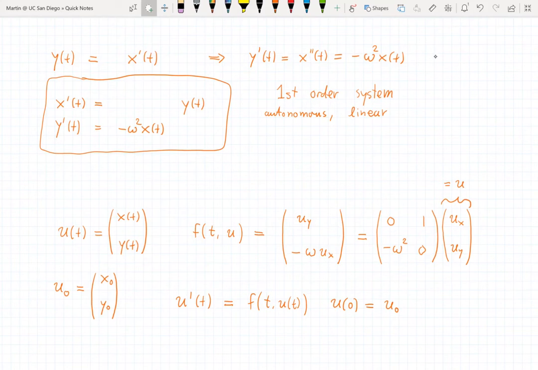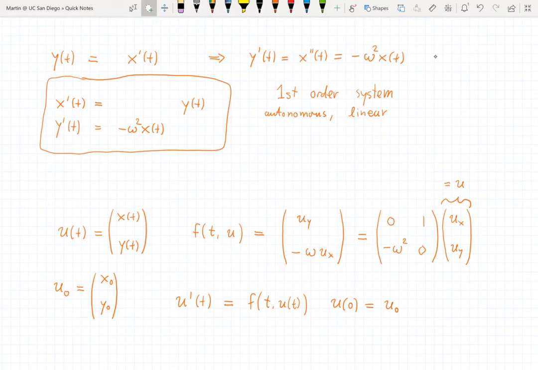Now, to put the ordinary differential equation into the framework of Cauchy problems, we define a function f of t and u. This function f takes a time variable t, that's just a real number, and a vector variable u, a two-dimensional vector. The output of f is another two-dimensional vector.